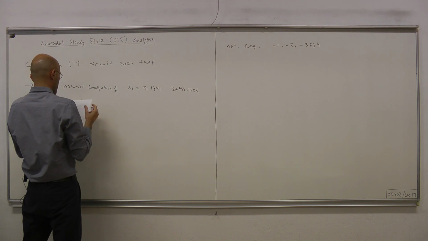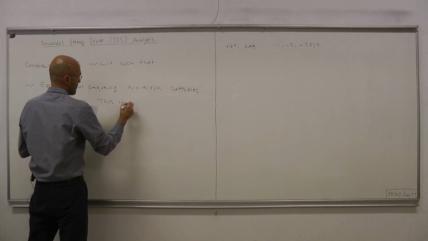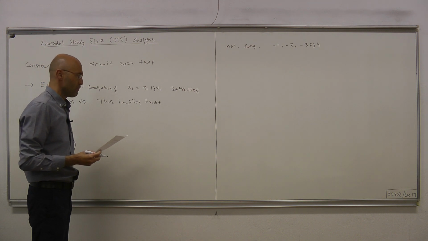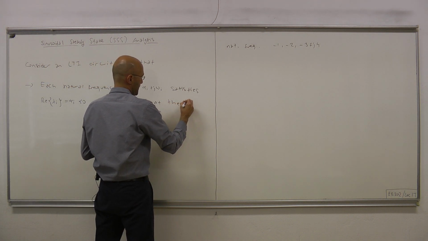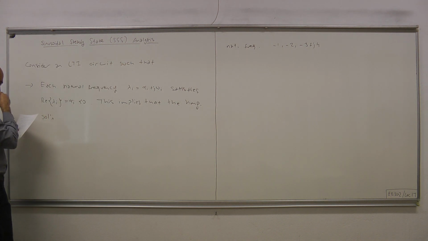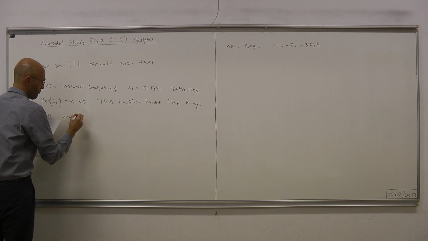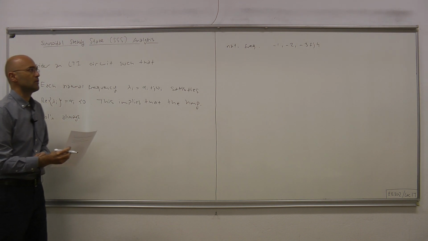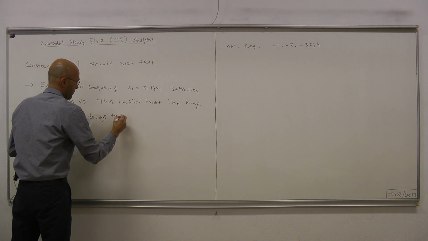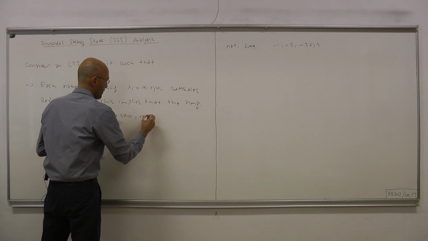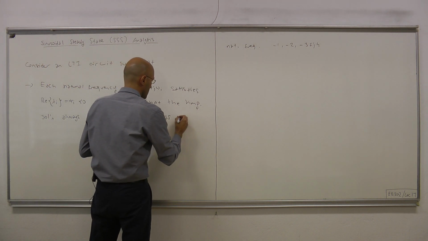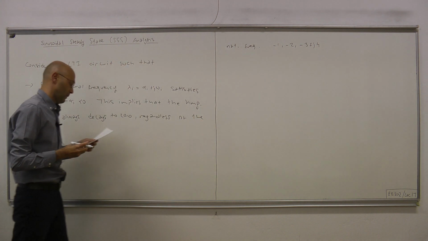Now, this implies that the homogeneous part of the solution always and very quickly decays to 0. And that has nothing to do with how you choose the initial conditions, regardless of the initial conditions.